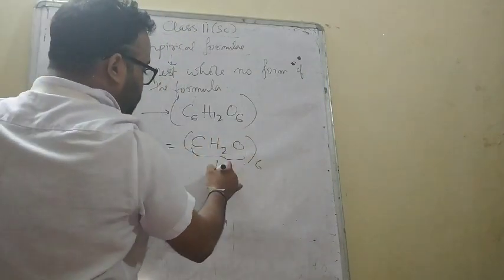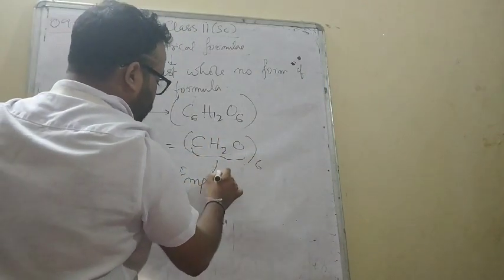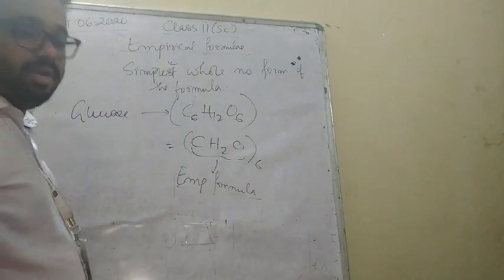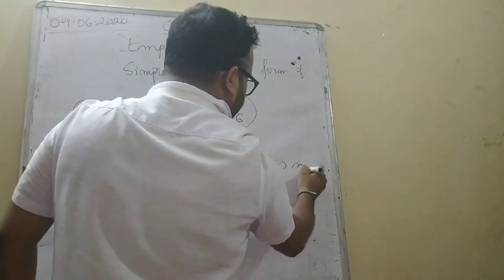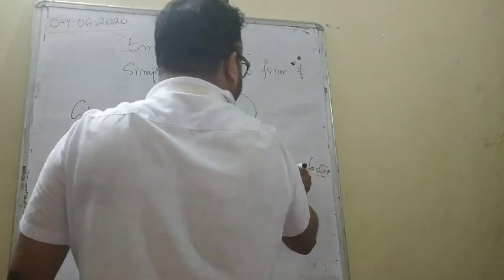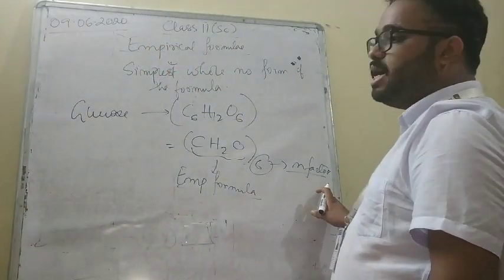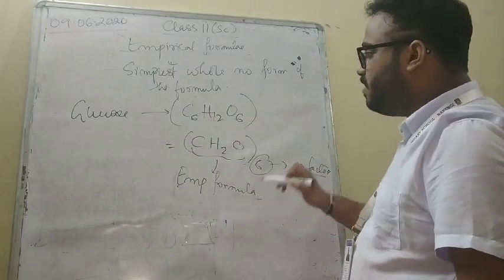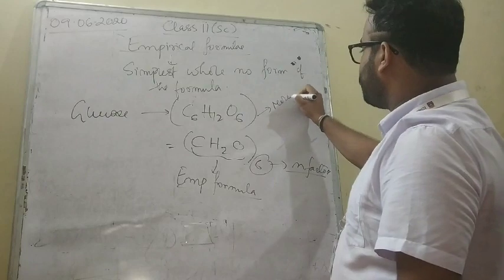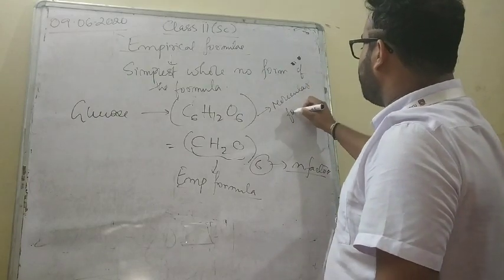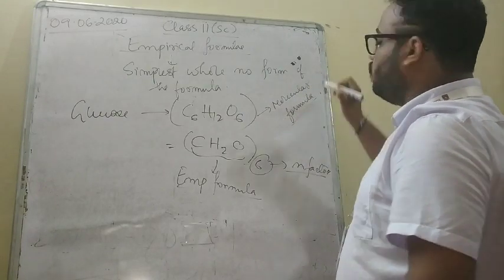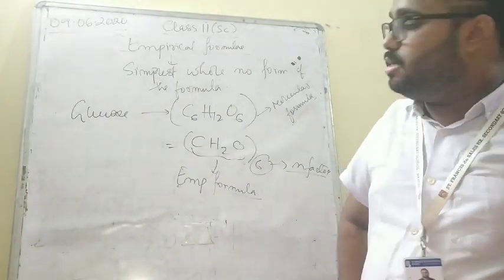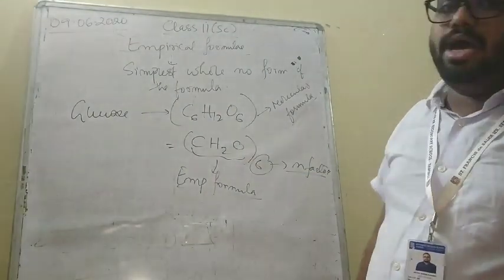So this one becomes the empirical formula, the simple whole number ratio, and this 6 becomes the n factor. Empirical formula, if we multiply with the n factor, then you will get the molecular formula. Am I clear? So this is the empirical formula.